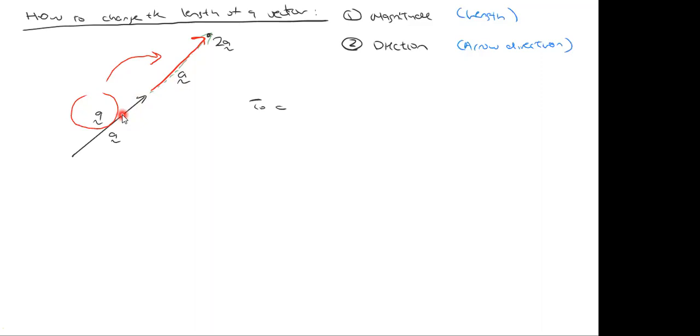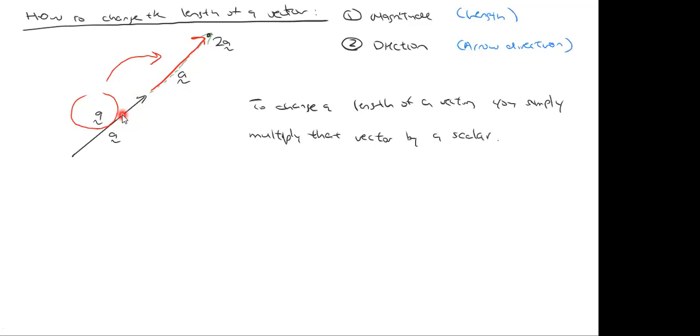So to change the length of a vector, you simply multiply that vector by a scalar, by a number, basically.